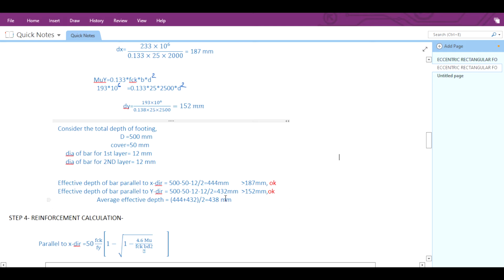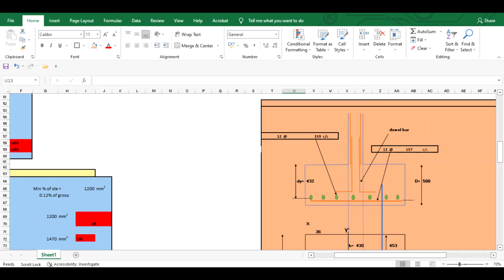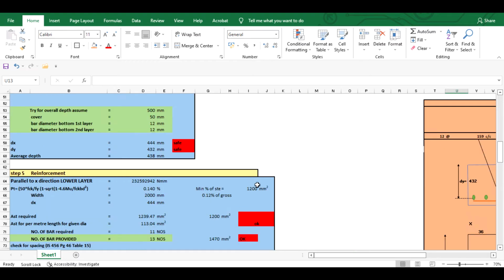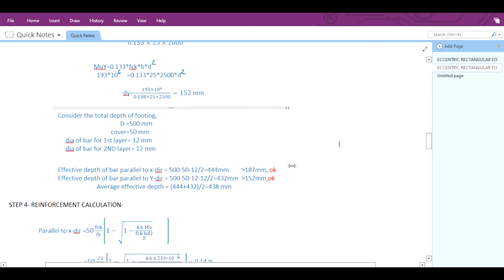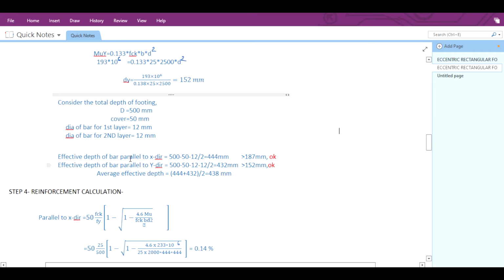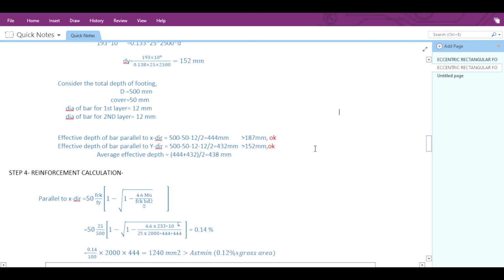So it will come as 432, which is greater than 152 mm, so this will also be okay. You also have to calculate the average depth for the two-way check. We have done that also: 444 plus 432 by 2, so it will be 438 mm.